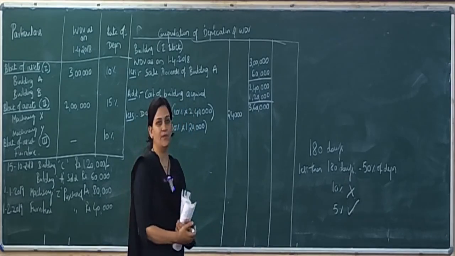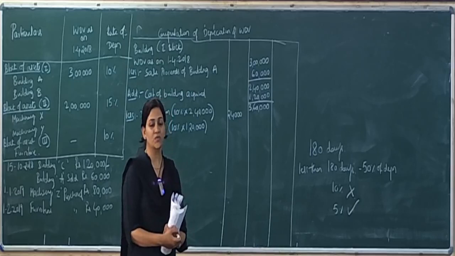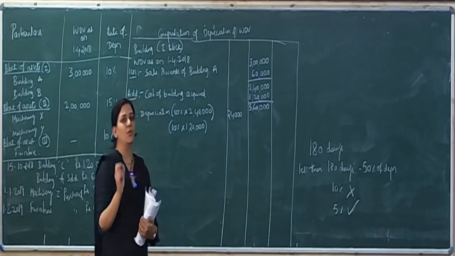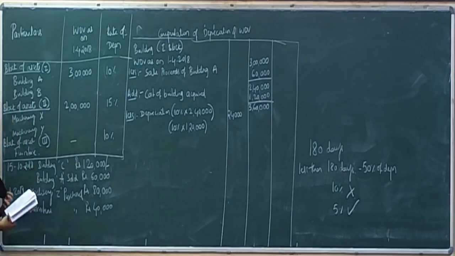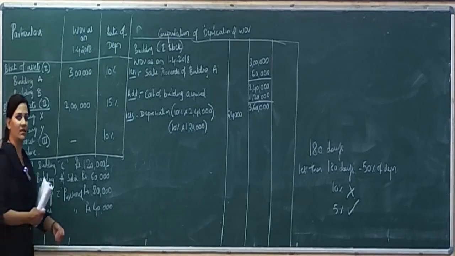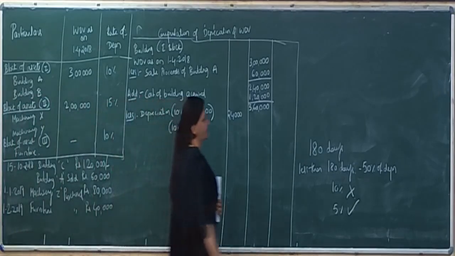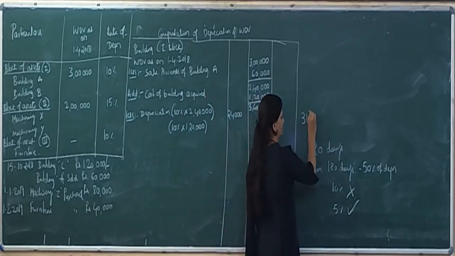This is one thing you will have to remember. So always check when a particular asset is purchased. Here we can see a particular asset is purchased on 15th October 2018, and our financial year is considered till 31st March.